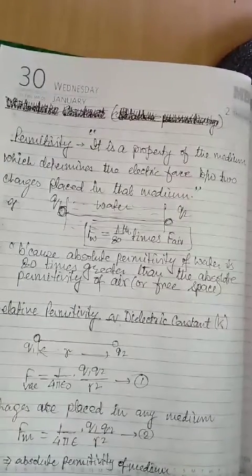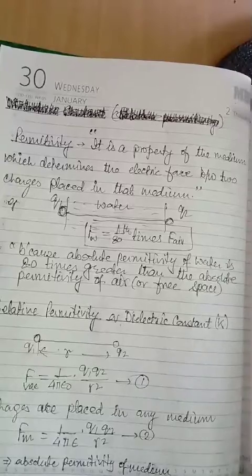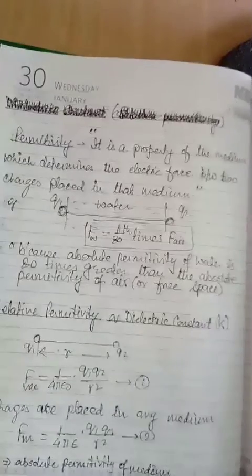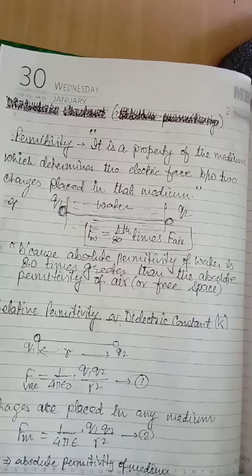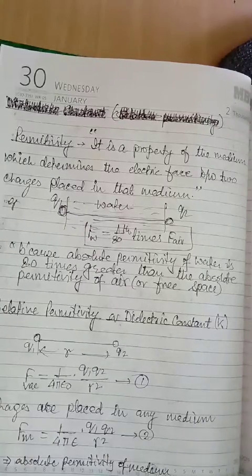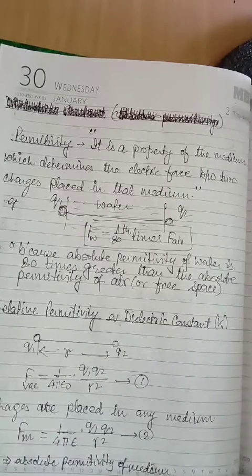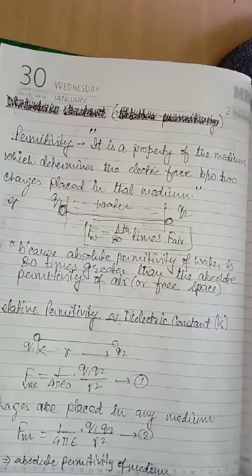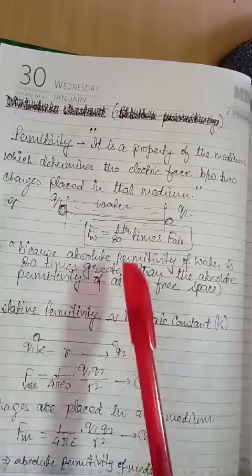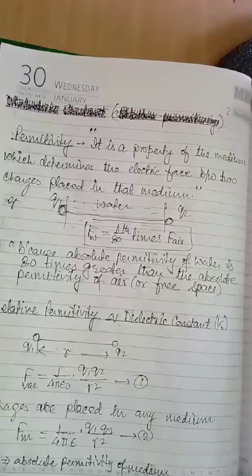So for example, if we are taking two charges in air at a certain distance, and the same two charges are kept at the same distance inside water, means between the two charges there is a medium of water, then the force in the water will be reduced to 1 upon 80th as compared to the force in air.